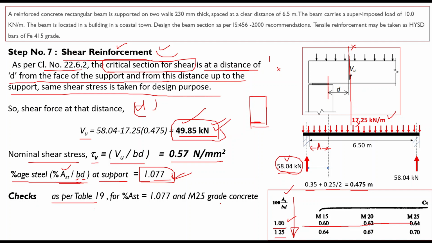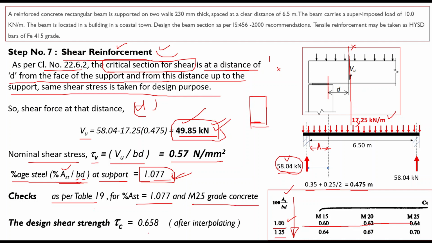This is Table number 19: percentage of steel is 1.007, and grade of concrete is M25. After doing the interpolation, we are able to find out the design shear strength, that is tau C, due to concrete. The design shear strength of this section is 0.658.